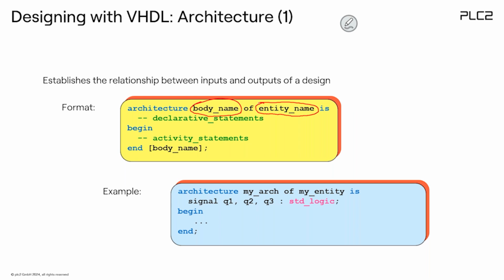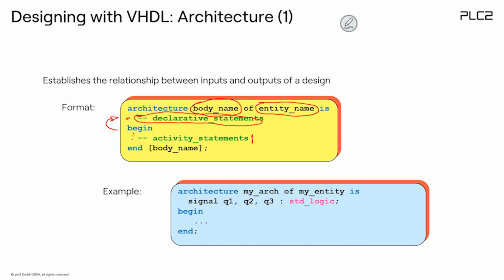And then we do have a specific declaration area. Here we go. And begin is just to distinguish between the declaration region and your activity statements. So it's a begin. And now you define here what's inside the architecture. So this is a formal way.